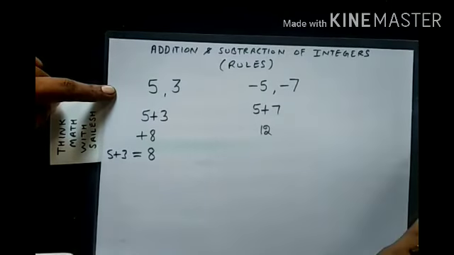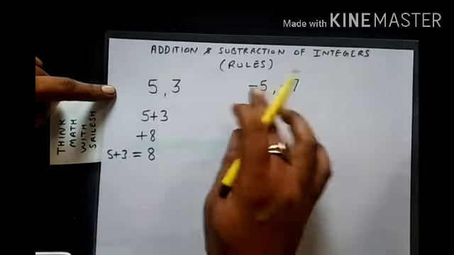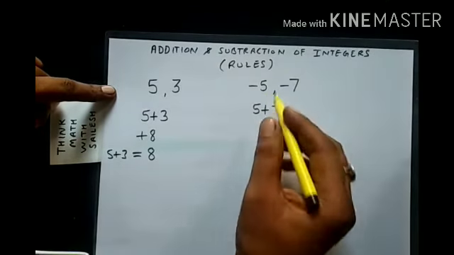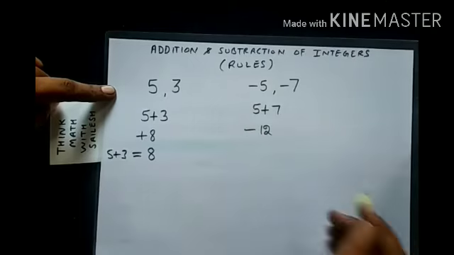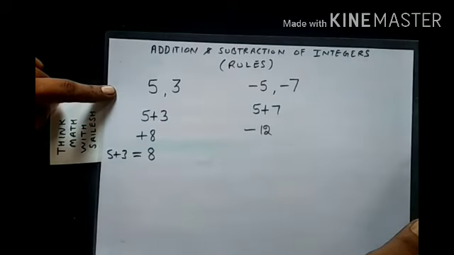Now you see, what is the common symbol in these two integers? That is the negative one. Therefore I will write the minus symbol with the answer. So this is the rule which we have to apply in the addition or subtraction of like sign integers.